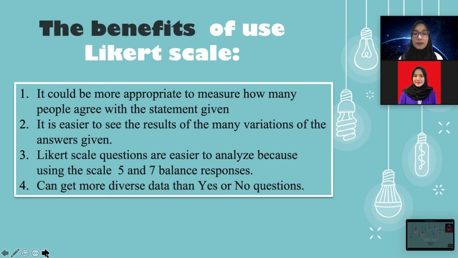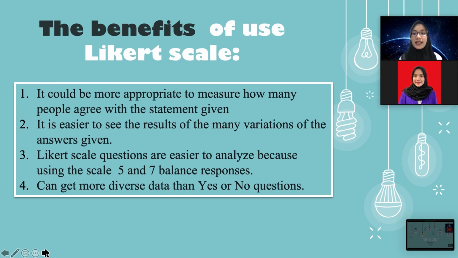And the last is the benefits of using Likert scale. The first is it could be more appropriate to measure how many people agree with the statement given. It means you can know the exact score of the answer based on the respondent. And the second is it is easier to see the result of the many variations of the answers given. You can have many variation answers based on the respondents' perceptions.